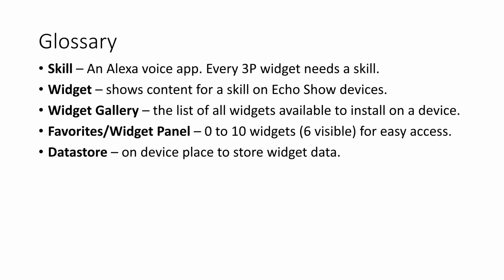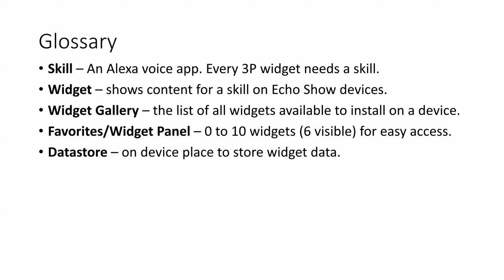The widget gallery is a list of all the widgets available to install on a device, and we'll look at that in a minute. Then there is something called the widget panel. I've heard it called the favorites panel or the favorite widgets panel. It's a place where you can put 0 to 10 widgets.